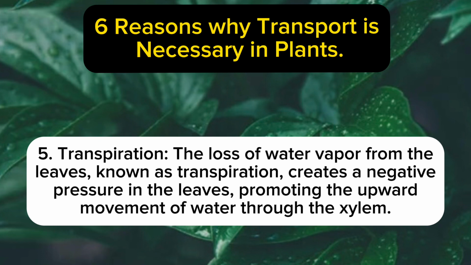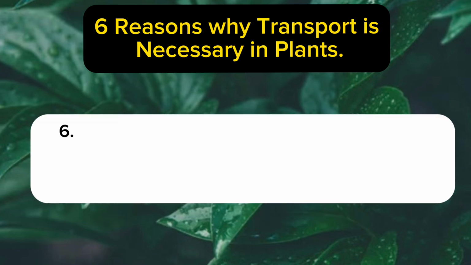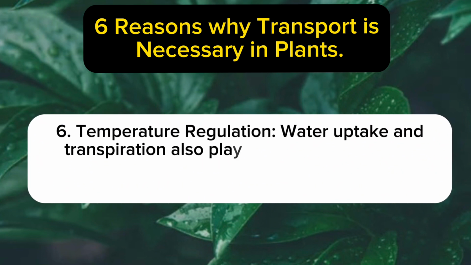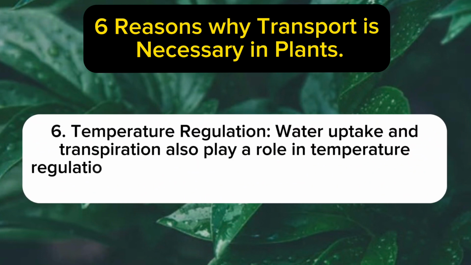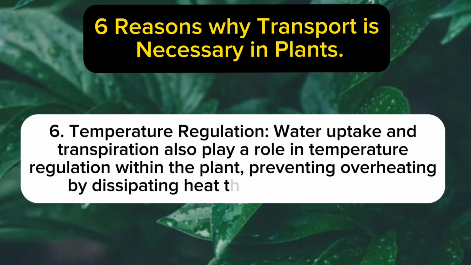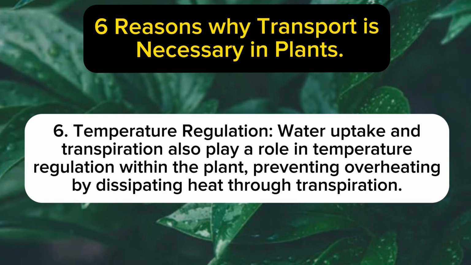And the last one, the sixth reason why transport is necessary in plants, is temperature regulation. Water uptake and transpiration also play a role in temperature regulation within the plant, preventing overheating by dissipating heat through transpiration. So that is the sixth reason, temperature regulation.